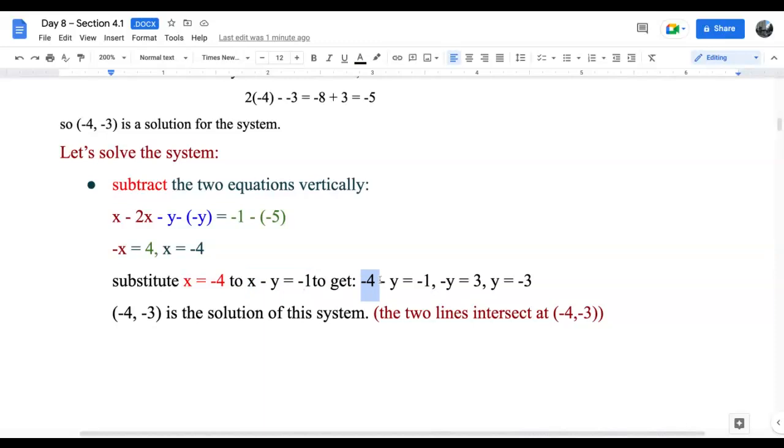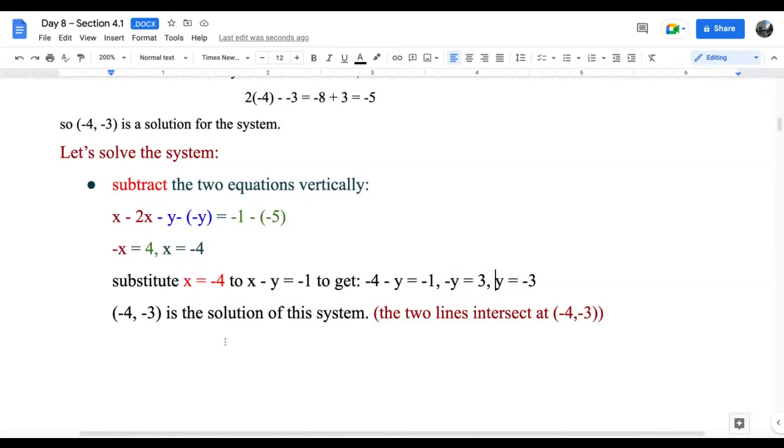We get -4 minus y equals -1. Then we can move the -4 to the other side, becoming positive. So -1 plus 4 equals 3. -y equals 3. We multiply by -1 again, so y equals -3.